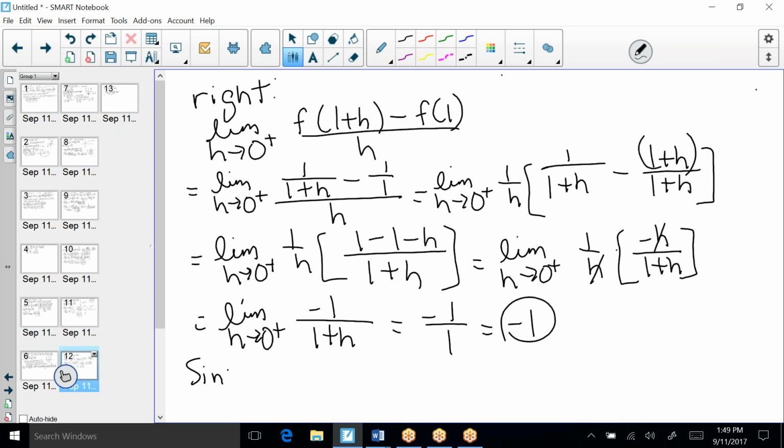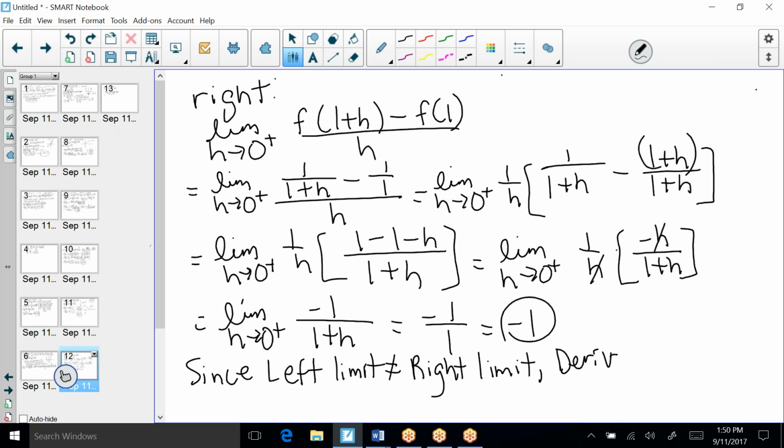Since the left limit is not equal to the right limit, because the left one was positive 1 and the right one is negative 1, the derivative of that function, f prime of 1, does not exist. That was an example of a cusp in a function, and when we have a cusp, the derivative is always going to not exist. And that's the end of section 3.2.